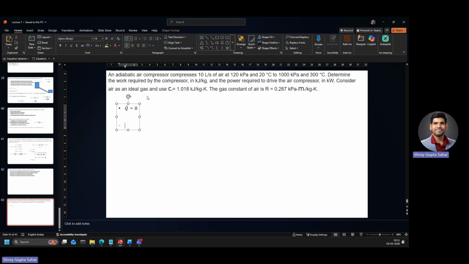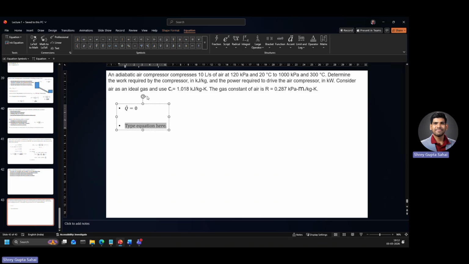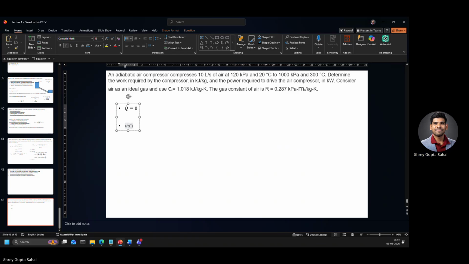Steady flow process tells you that you have to do some work, if you're not doing any and still getting a flow. So H in minus H out, then there is no heat added, or this is the equation that you will follow.